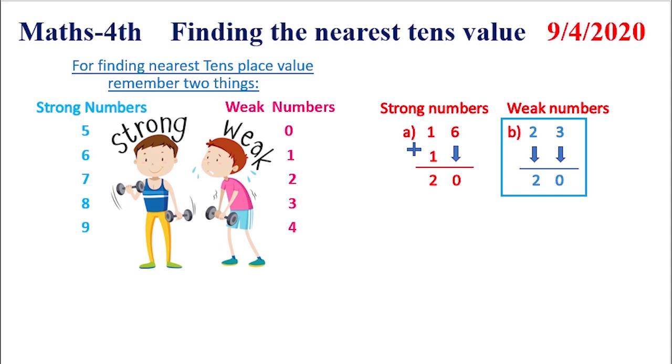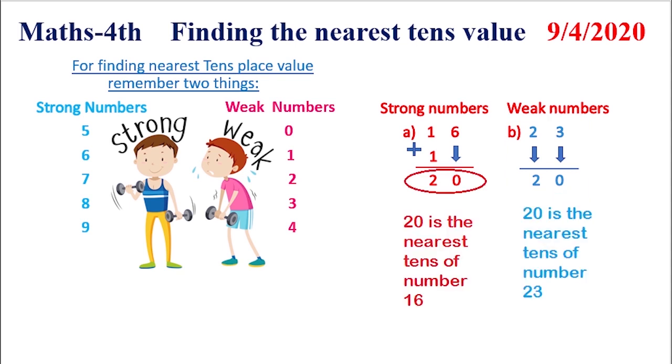So we do not need to do anything else. Just drag the tens place number as it is. So the answer will be 20. And the nearest tens of number 23 is 20.